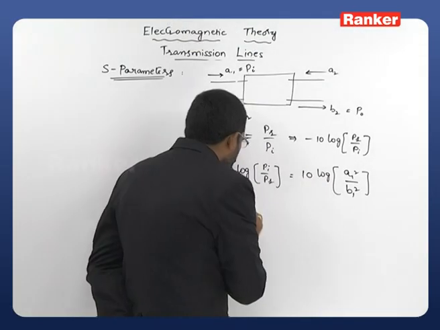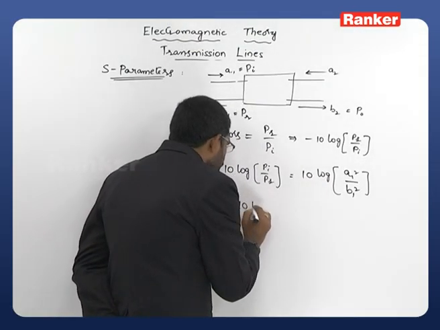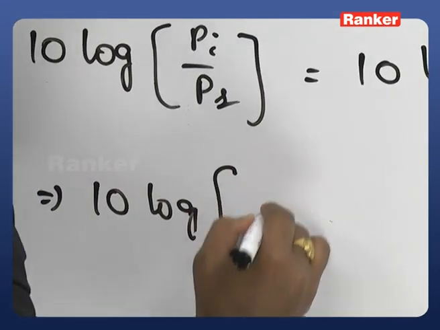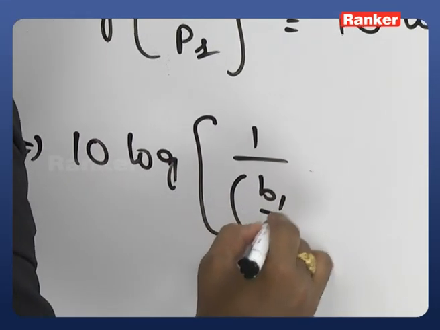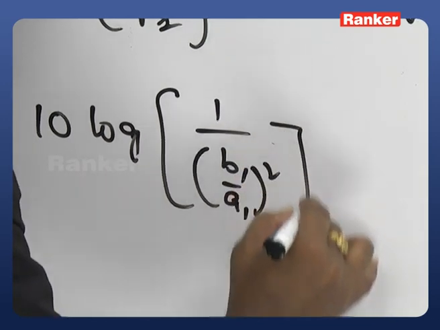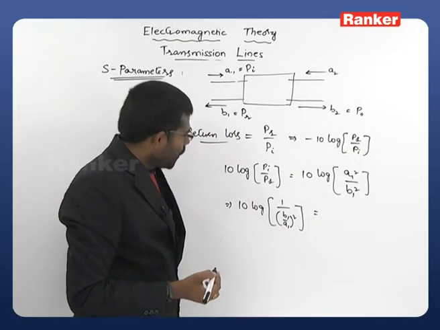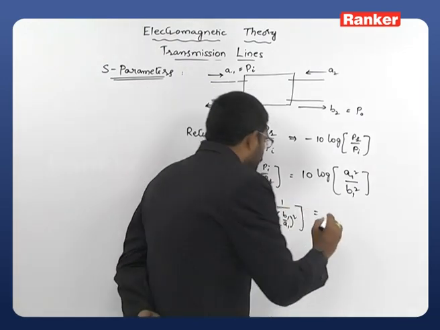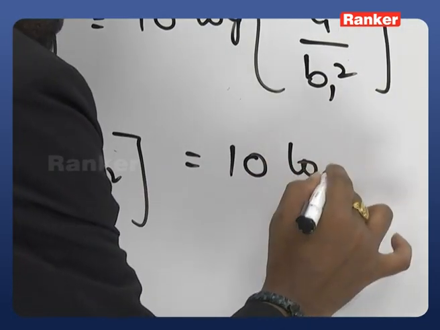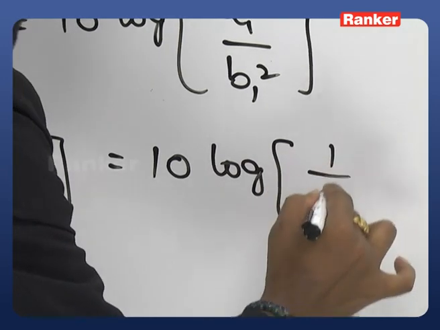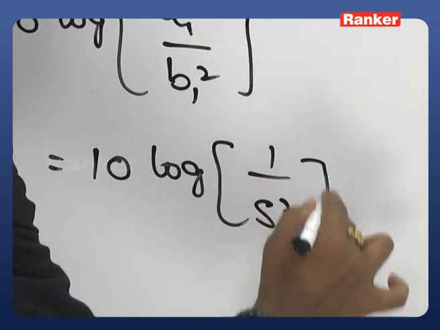I am rearranging this equation, which implies 10 log 1 by B1 by A1 whole square. What is B1 by A1? The reflection coefficient at port 1. So this can be replaced with S11. So 10 log 1 by S11 square.